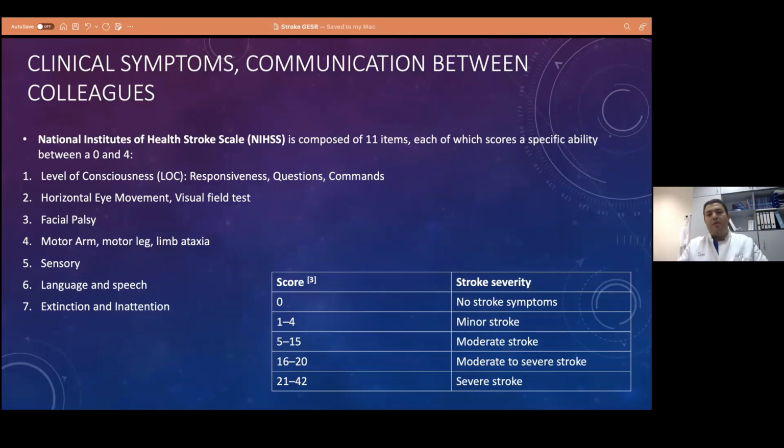This is the National Institute of Health Stroke Scale, and it's usually composed of 11 items. In each item you have a score between 0 and 4, and so the neurologist examines the patient and tells you he's got like 10 or 15, then you're speaking about a moderate stroke. If he's got 1 to 4 points, you're talking about a minor stroke, and above 20, that's a severe stroke.